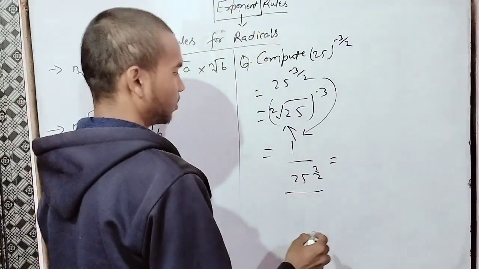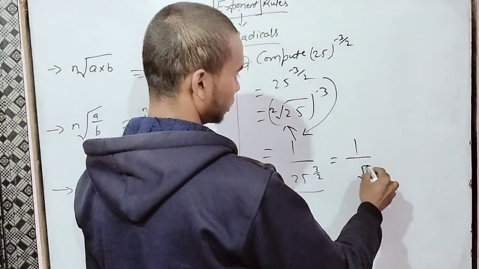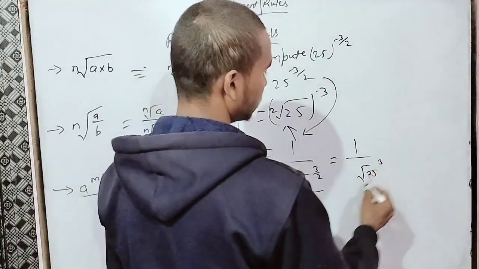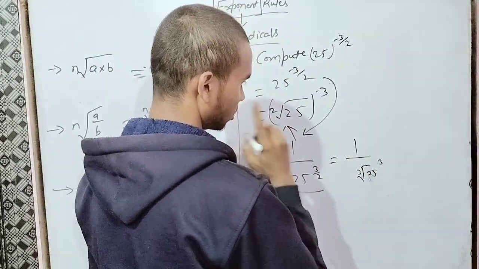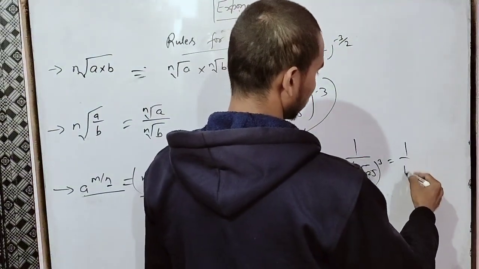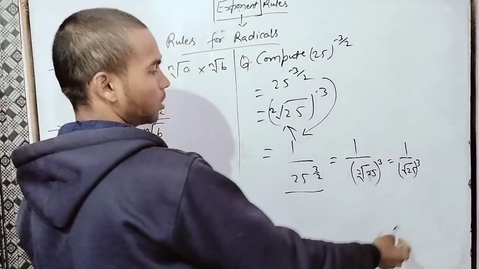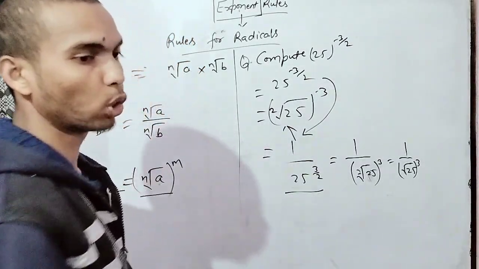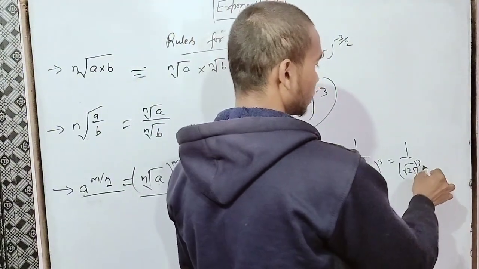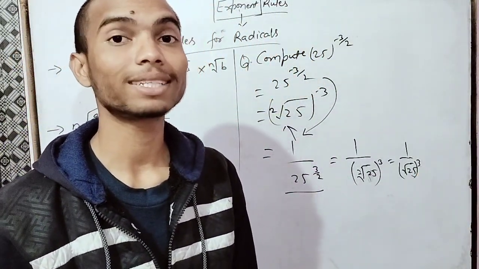Now we can solve it. We can write 25, and 3 will be used as the denominator. So we know 2 is hidden. So 1 by root 25, and then we have the exponent. Here we have a root. It is saying this 25 is the result of a base, and the base was multiplied 3 times.